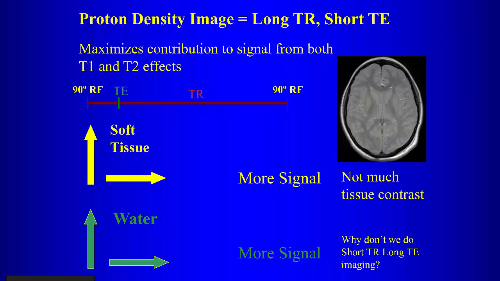So whatever you were trying to accentuate from T1 effects using a short TR is going to be dissipated by the long TE. Okay, so it's not a very good pulse sequence for signal to noise or for differentiating tissue contrast.